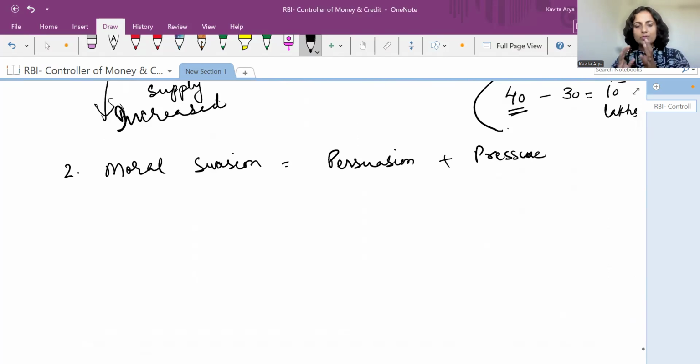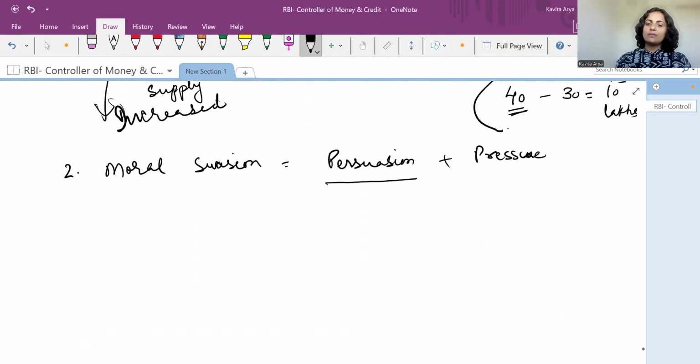RBI tries to persuade all the commercial banking units in the direction of the economic requirement, like whether to release the loans easily, lavishly, abundantly, or to curb the same. Accordingly, they keep on giving directions by meetings, circulars, emails and so on. So this is all the persuasion of RBI.